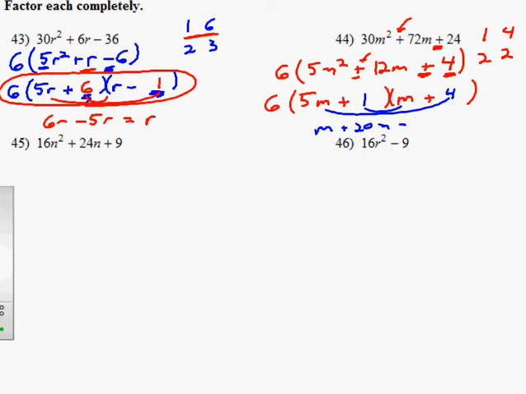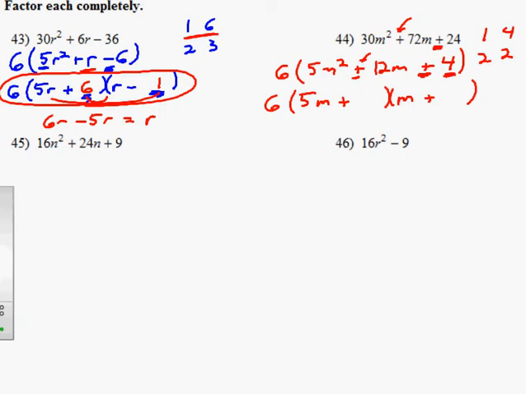So we're going to back this up, and we're going to try 4 and 1. Trying 4 and 1, that's a 4m plus 5m, which adds up to be 9m, which is a little closer, but it's still not right. Close doesn't count here.